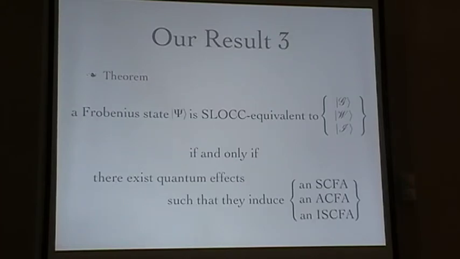Via this definition, a similar theorem to the qubit case holds on qutrit. A Frobenius state is SLOCC equivalent to this state if and only if there exist quantum effects such that they induce an SCFA. And the same thing can be said for this state and an ACFA, and this state and an ISCFA.